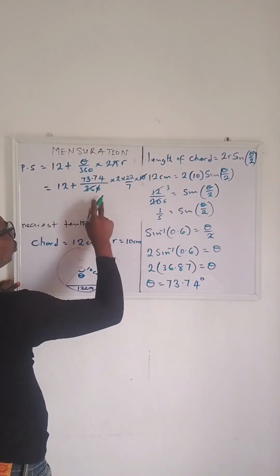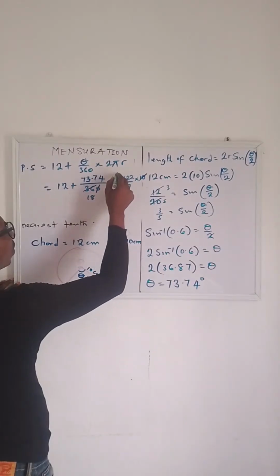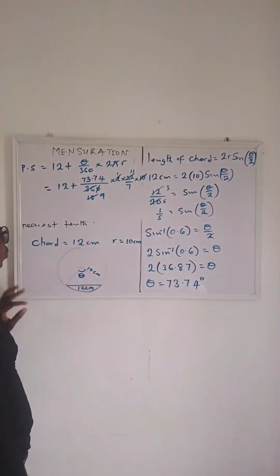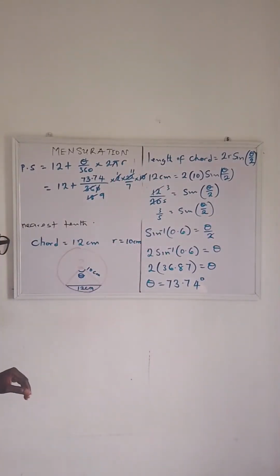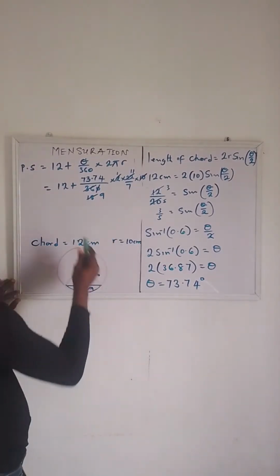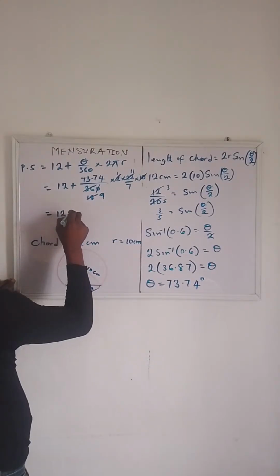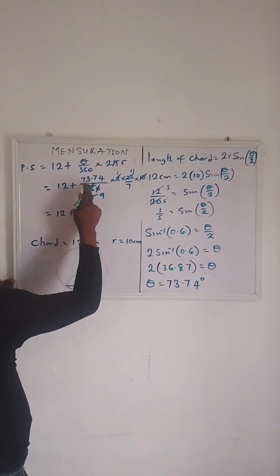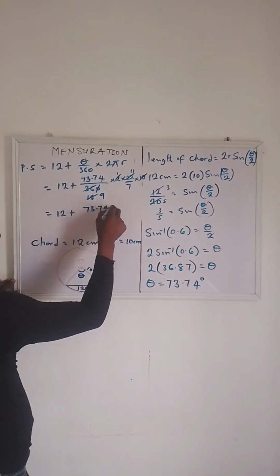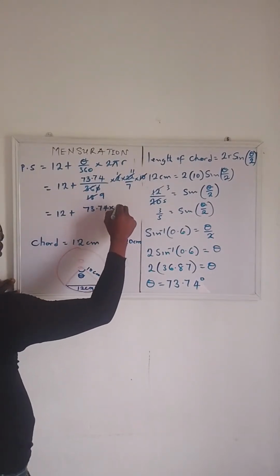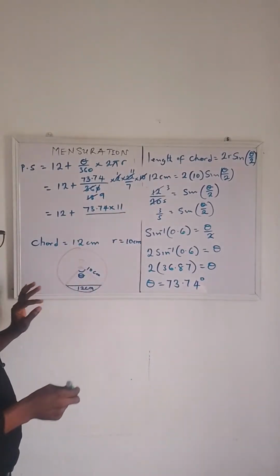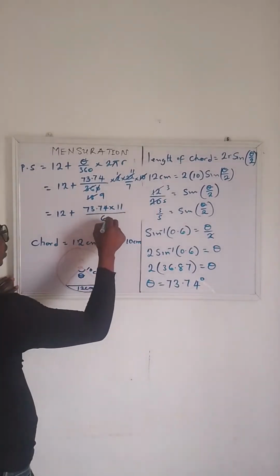Now 2 goes here 18, 2 goes here 1, 2 goes here 9, 2 goes here is 11. So what we have now is 12 plus 73.74 times 11, everything over 9 times 9 times 7, and that is 63.